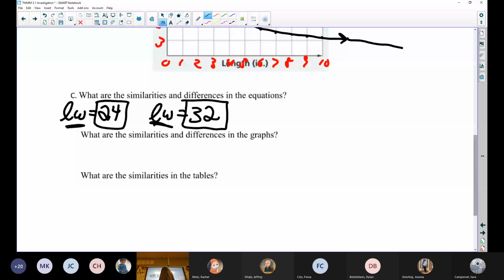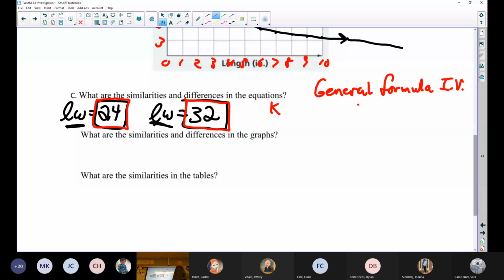Now, obviously, what is different? What's different is the fixed number, right? And sometimes we'll refer to this fixed number as a letter, k. So in a general formula for inverse variation, it's x times y equals k.